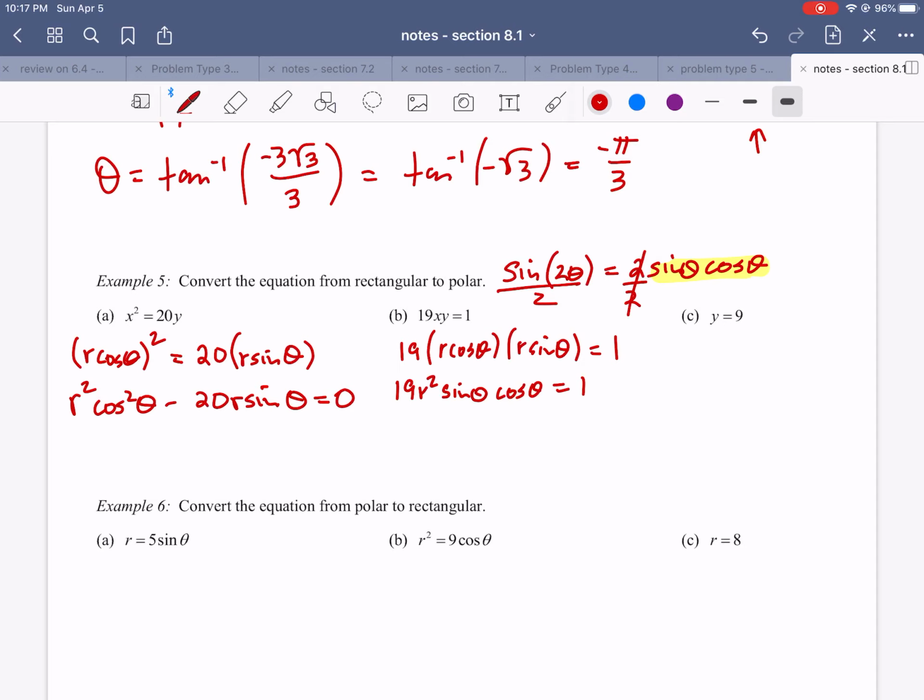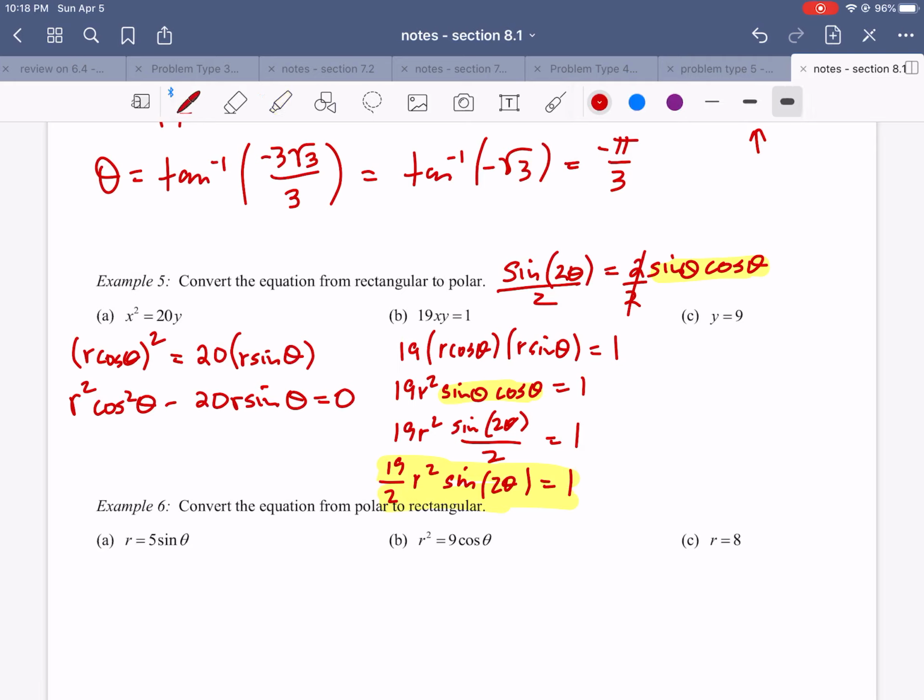We substitute that out for sine of 2 theta divided by 2 is equal to 1. A nice final answer would be 19 divided by 2 r squared sine of 2 theta is equal to 1. Again, I don't know that I would go that far using the double angle identity, but that's what they did, and I'm just trying to give you insight into how they got their answer.